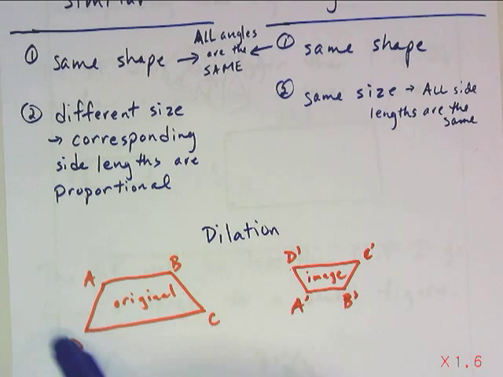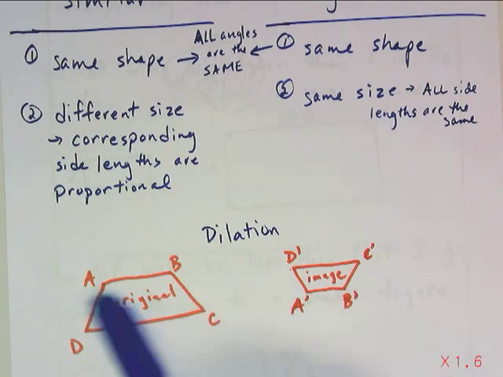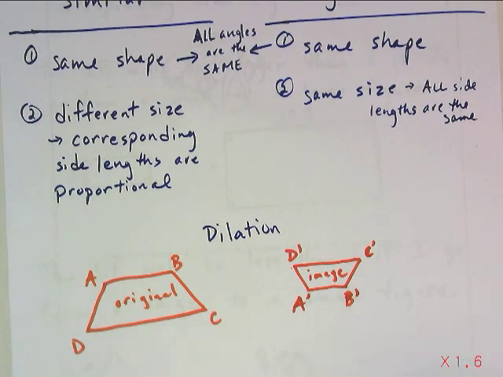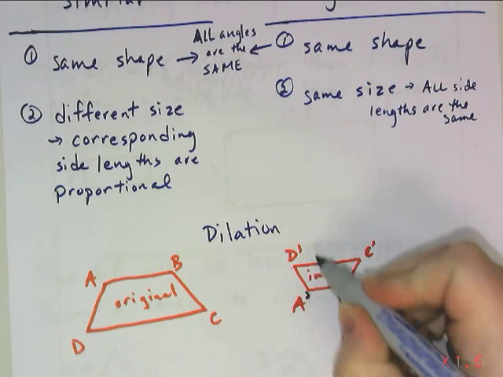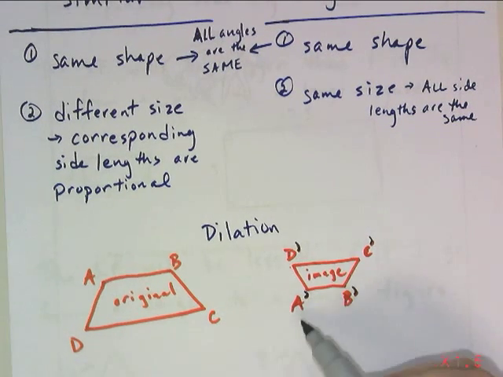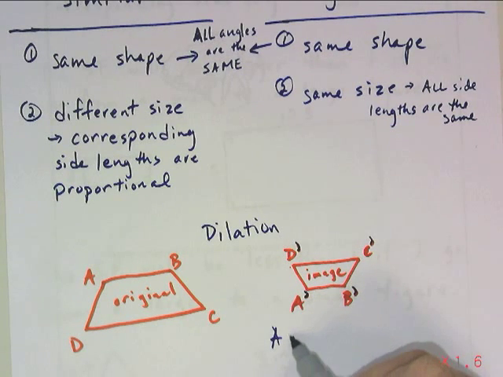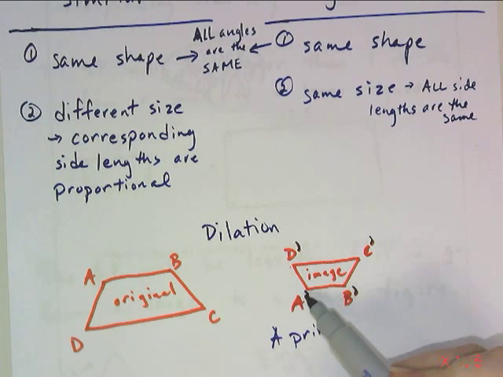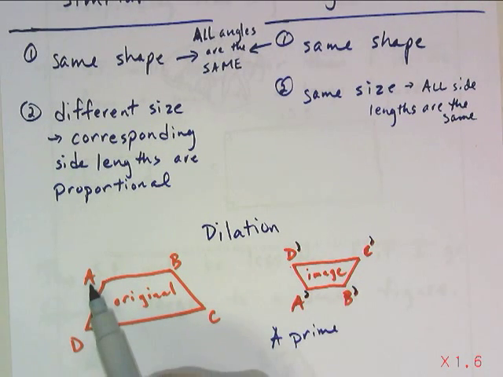And if I want to use the same letters that I've originally identified my vertices with, then I need to add these single quotes next to each one, and that's read as A prime. That just means this is the vertex that is the copy of vertex A in the original, right?